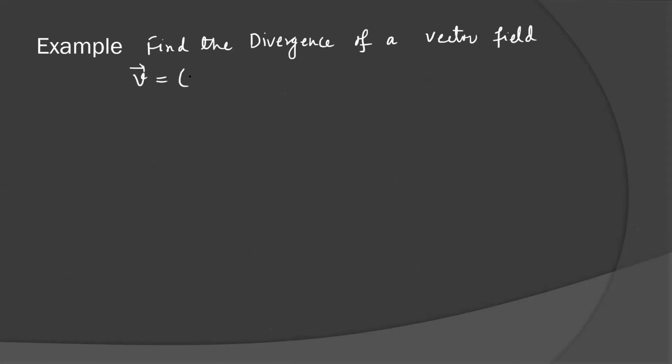Let's see one example. Find the divergence of a vector field V equal to x squared y squared minus z cubed i plus 2xyz j plus e to the power xyz k.